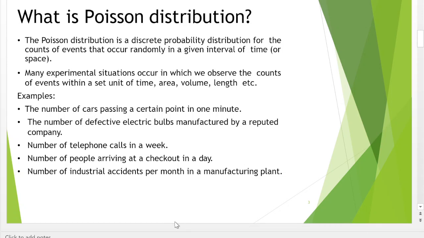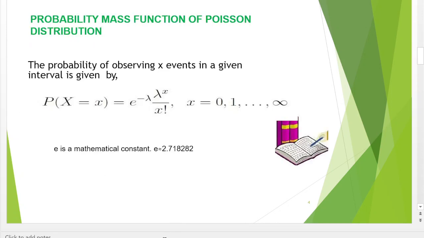Many experimental situations occur in which we observe the counts of events within a set unit of time, area, volume, length, etc. For example, the number of cars passing a certain point in 1 minute, the number of defective electric bulbs manufactured by a reputed company, number of telephone calls in a week, number of people arriving at a checkout in a day, number of industrial accidents per month in a manufacturing plant.